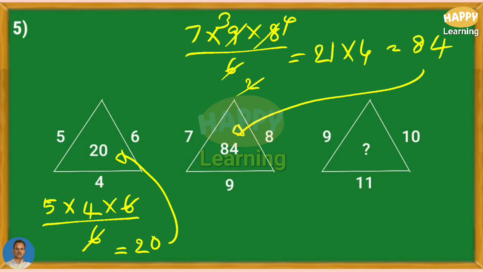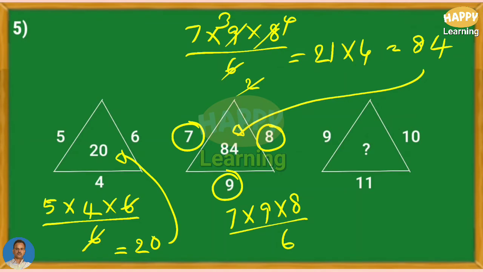That means the three values, 7, 9 and 8, are first multiplied, then divided by 6. So 7 into 9 into 8 divided by 6 is the value at the center.